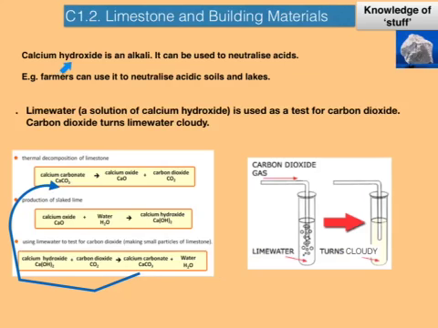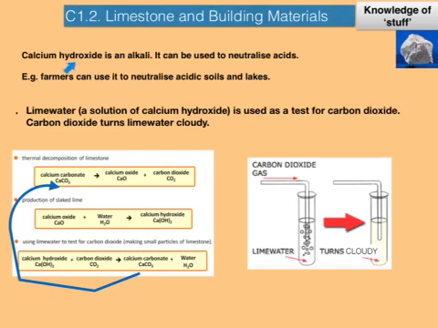This calcium hydroxide that we've just talked about, and remember the other name for calcium hydroxide is lime water, if enough water has been added to it, can be used to neutralise acids.